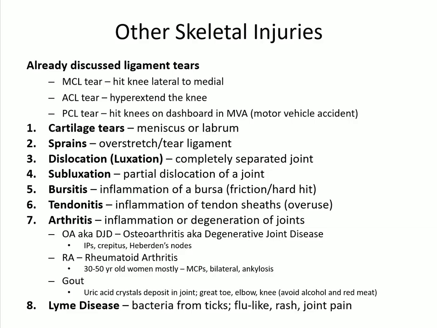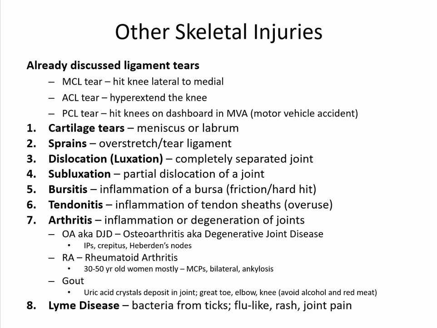Arthritis is a big one. Inflammation or degeneration of joints. There are actually 13 different types of arthritis. We're going to talk about 3. So, osteoarthritis is also called degenerative joint disease. And this typically affects IPs, so interphalangeal joints, or our fingers.